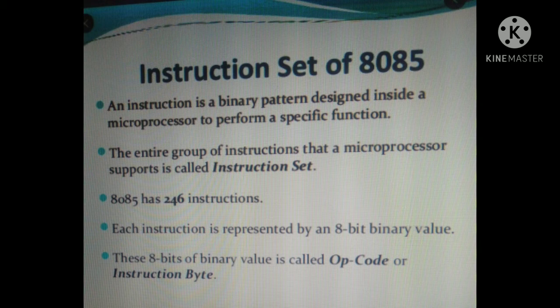This is an exam view, fill in the blanks: 8085 has blank instructions. The answer is 246 instructions. Each instruction is represented by an 8-bit binary value, called a byte. These 8 bits of binary value are called an op-code or instruction byte.